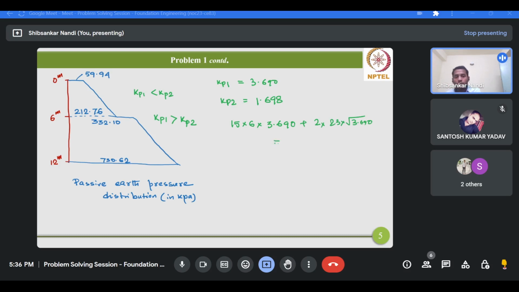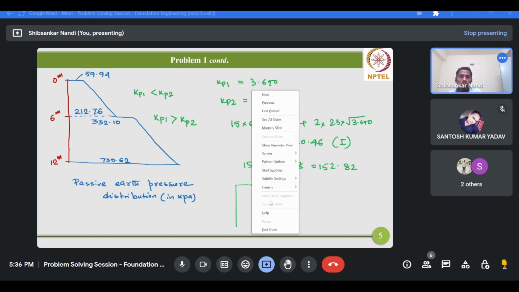So it's giving you a value of 470.46. Okay, so this is for layer 1. Now for layer 2 it will be 15 into 6 into 1.698, obviously lesser than the previous value, only 152.82. So therefore the distribution should look this way.